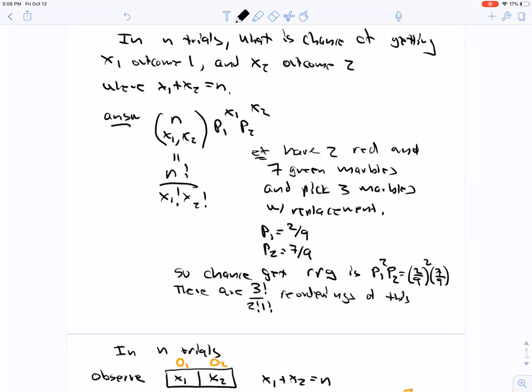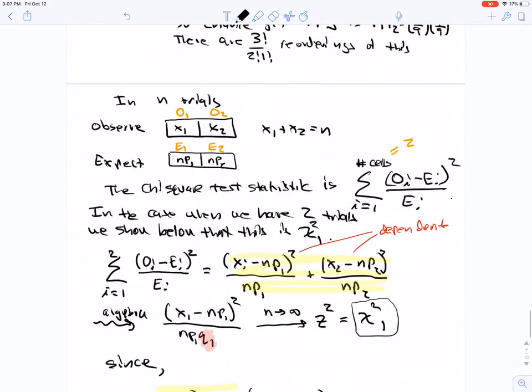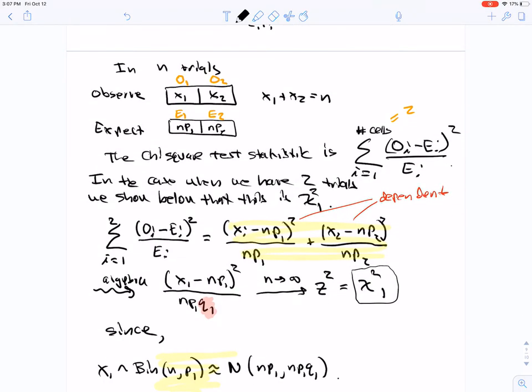Now, in n trials, you could write your results as making an observation table and an expected table. So our observations are x1 and x2, where x1 plus x2 is n, and what we expect is np1 and np2.